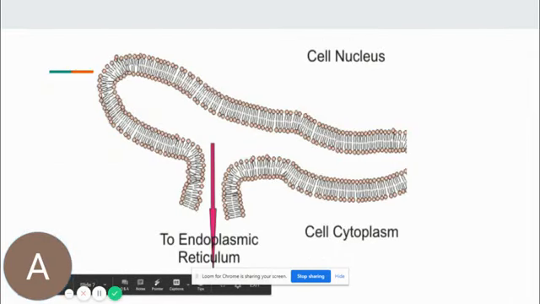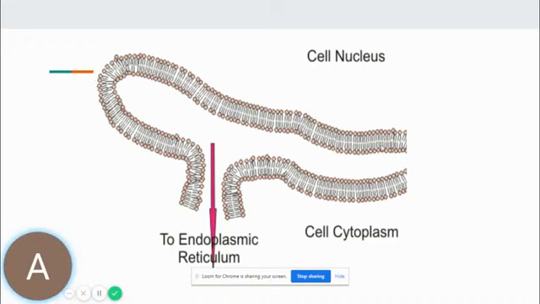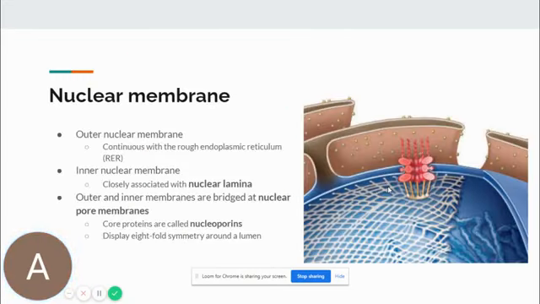So this is a cutout example. If you can see the nuclear membrane, it's actually composed of an inner membrane and an outer membrane. You have an outer nuclear membrane, which is continuous with the rough endoplasmic reticulum, and an inner nuclear membrane closely associated with the nuclear lamina.